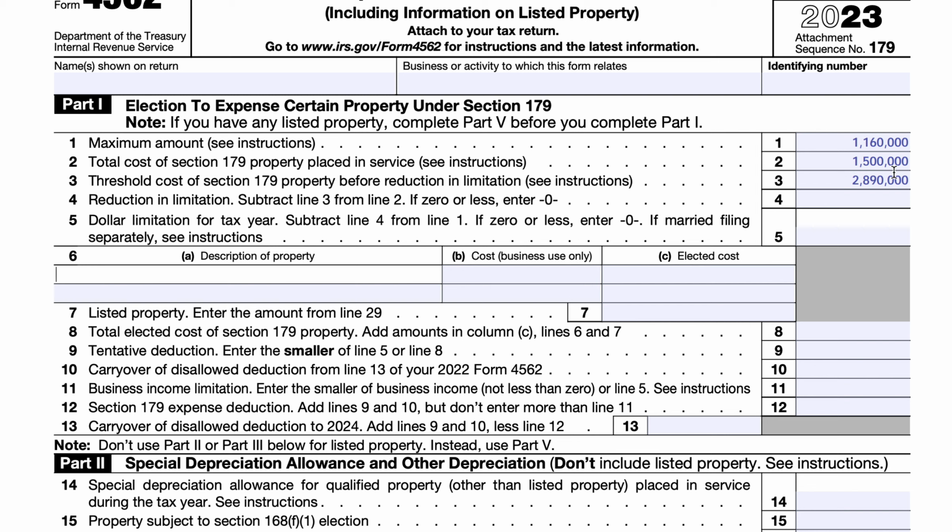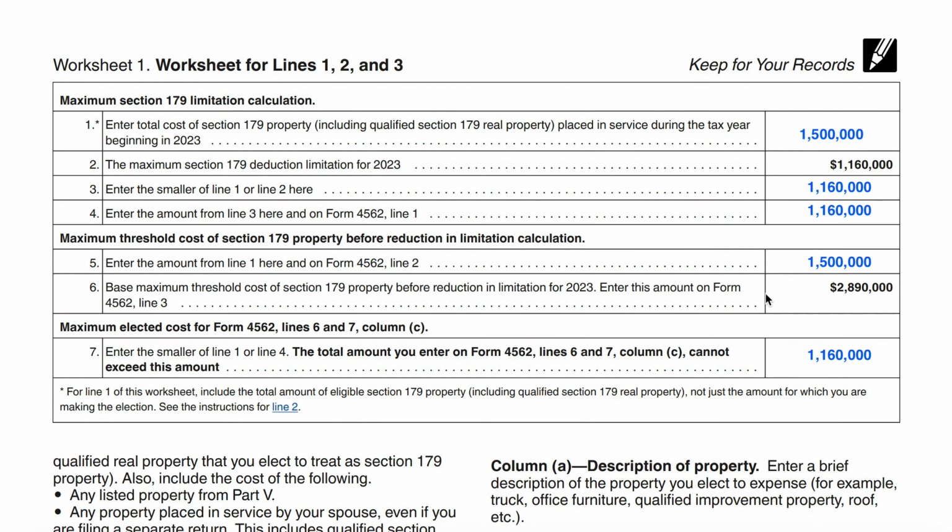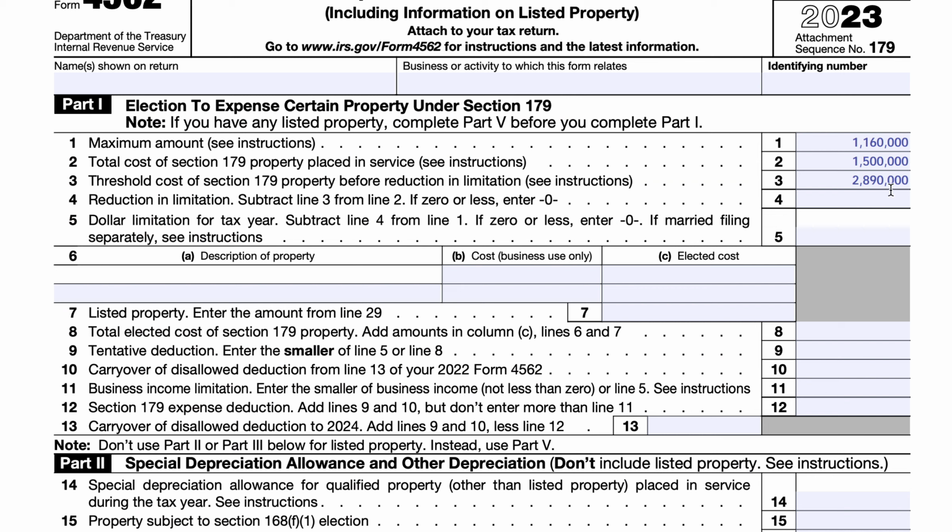Whether or not we are able to expense that extra portion is not germane to what we put into line 2. And then the base maximum threshold cost of the Section 179 property before reductions and limitations, for 2023, that amount is $2,890,000, and you put that into line 3 right here.